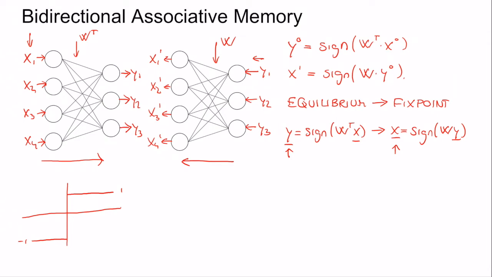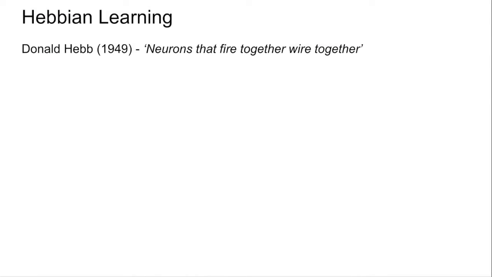Now the question is, how do we find W, the correct matrix of weights, right? Okay, so one way to learn the matrix of weights is by applying Hebbian learning. And Hebbian learning was introduced by Donald Hebb in 1949.